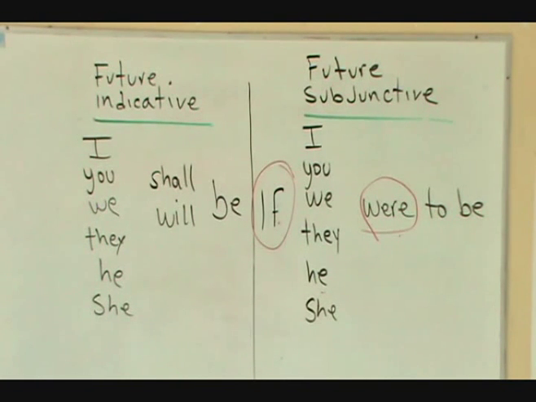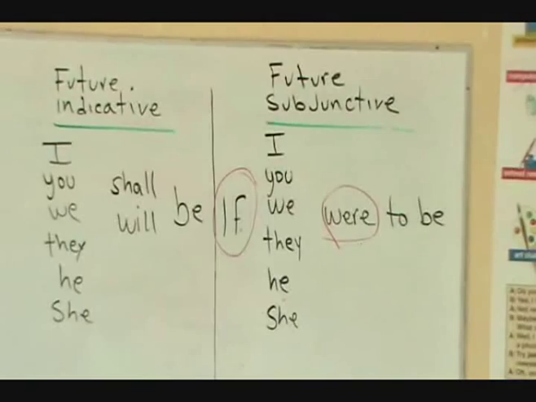And that's the indicative. And I will repeat, the indicative is fact. The future subjunctive, we use if, the conditional if. If I were to be, if you were to be, if we were to be, if they were to be, if he were to be, if she were to be.